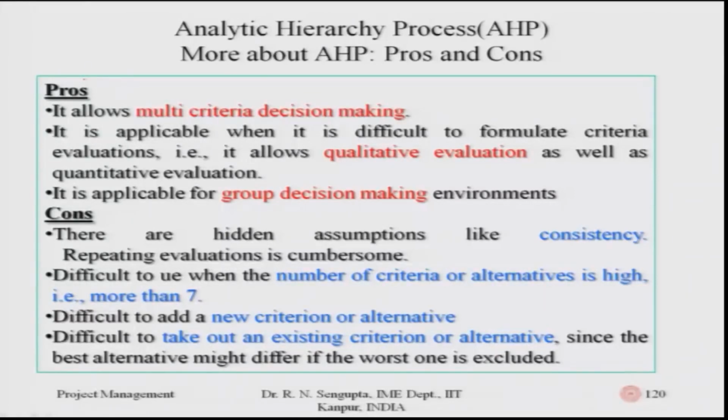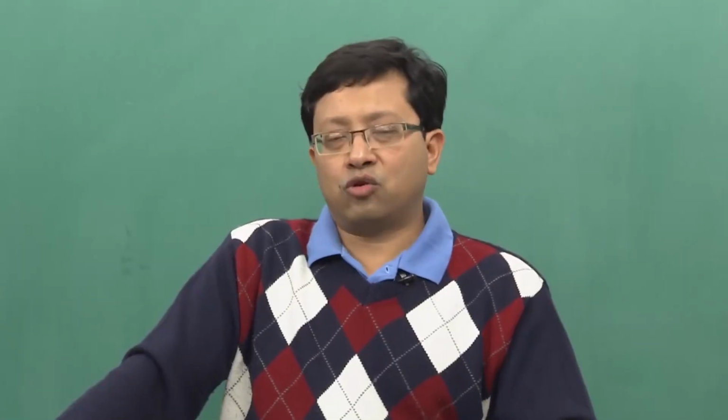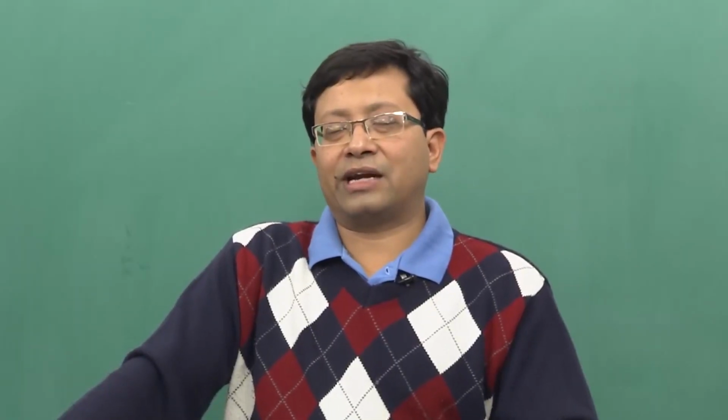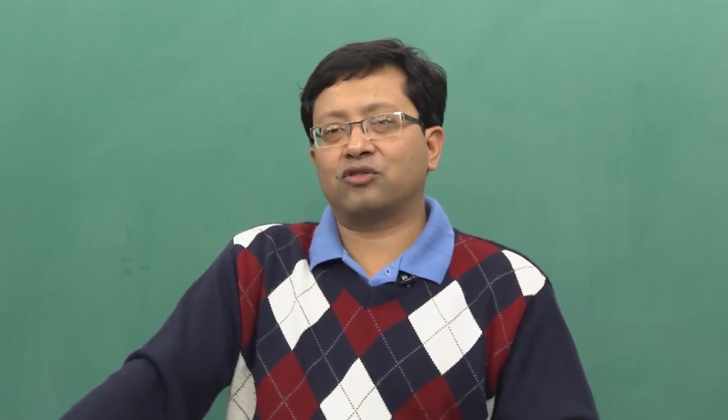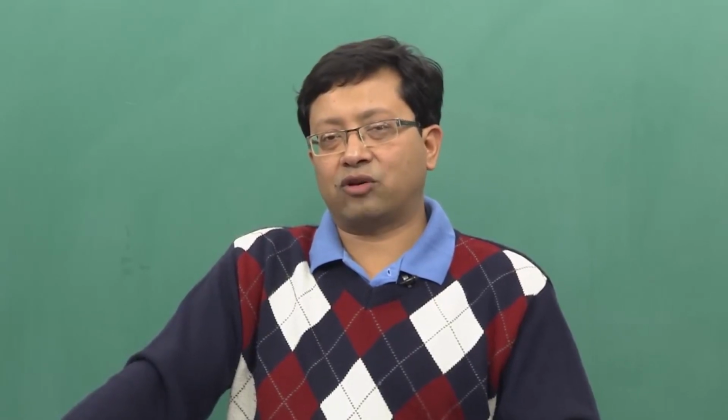On the other hand, there are hidden assumptions like consistency, and repeating evaluations is cumbersome, because if you remember in the problem where we considered cost being brought in as a factor, it may so happen that you would be tempted to ignore the other alternatives or the criteria values on the alternatives and go ahead in trying to do the calculation.